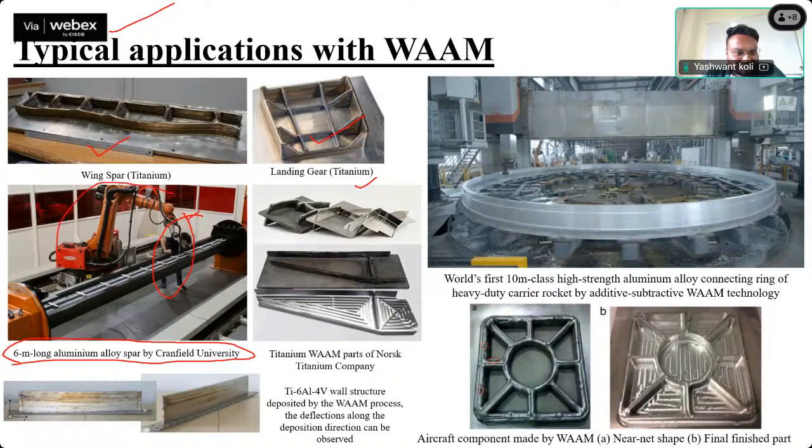He is using Fronius machines, like robotic CMT coupled with KUKA robots. He has done many applications, like Ti-6Al-4V wall structures, titanium landing gears, and wing spars.